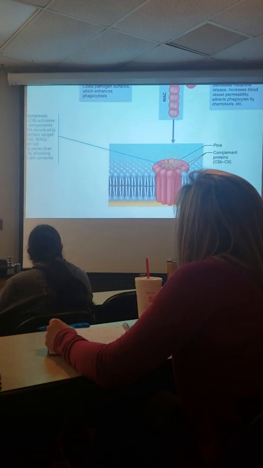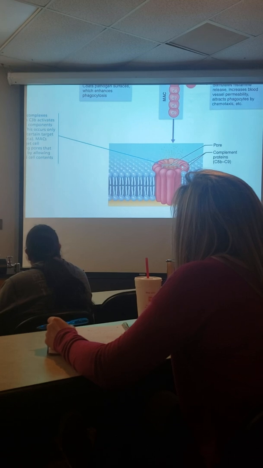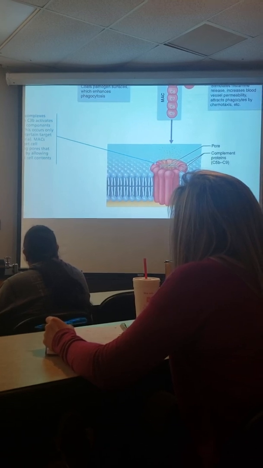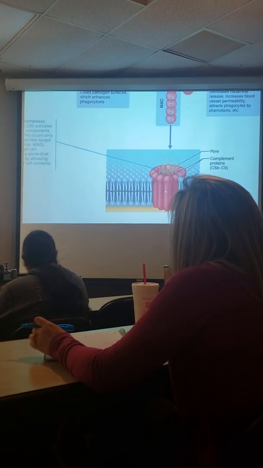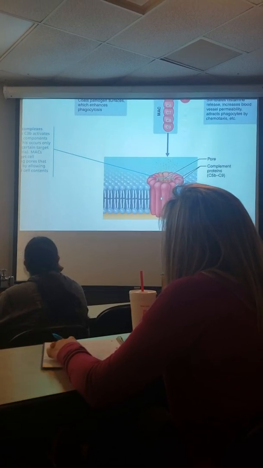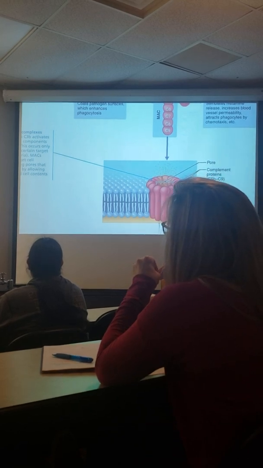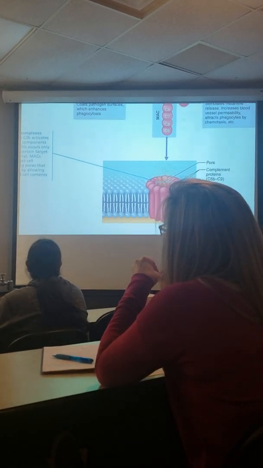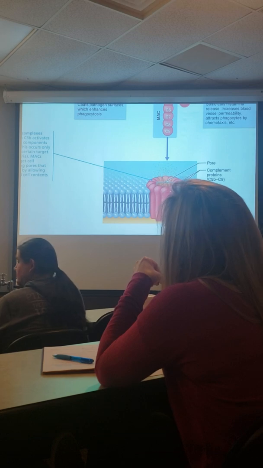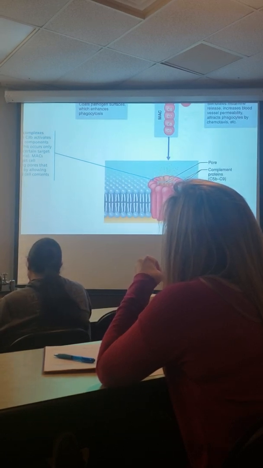And what they do is they insert themselves into the membrane like this. Do you guys see it forming this hole in the membrane? Remember we saw this before in natural killer cells, and we saw this in the lymphocytes. It's the exact same, forming a hole. This hole is called the membrane attack complex, which is abbreviated MAC.